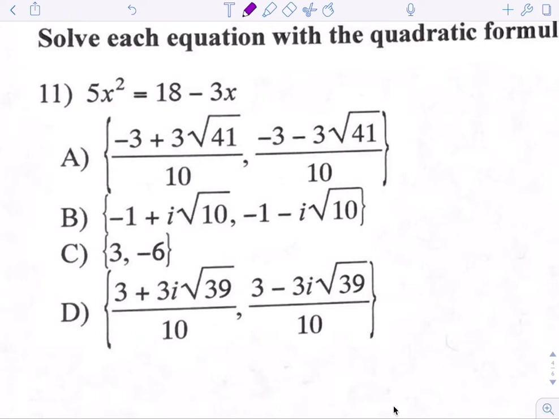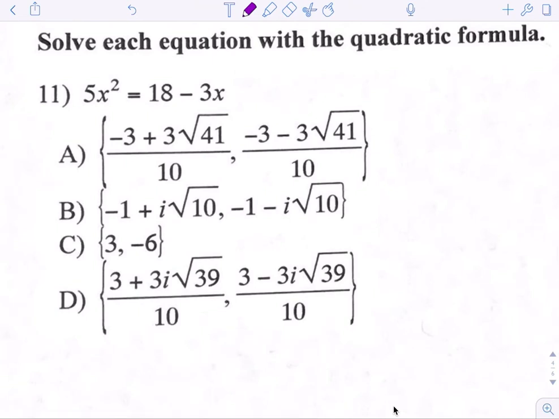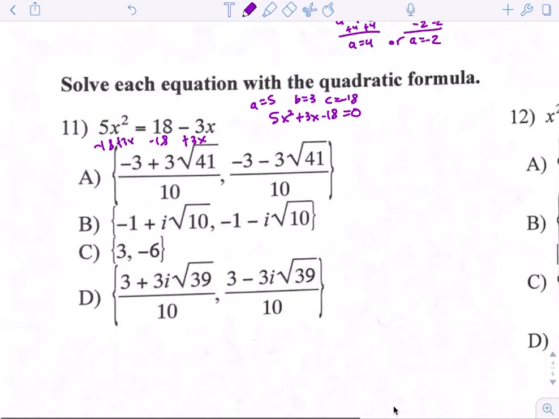I am just going to show you the setup. We have to set it equal to 0, so add 3x to both sides and subtract 18 from both sides. So 5x squared plus 3x minus 18 is equal to 0. Your a is 5, your b is 3, and your c is negative 18.